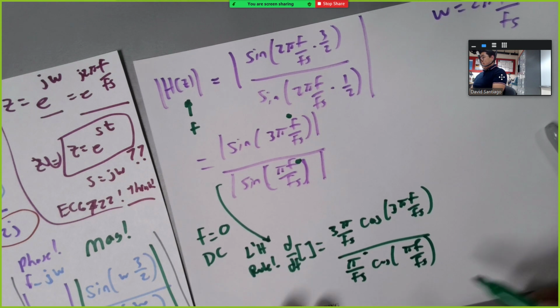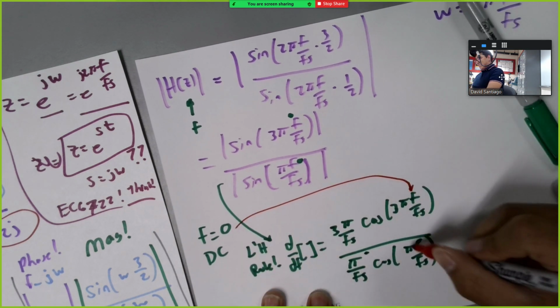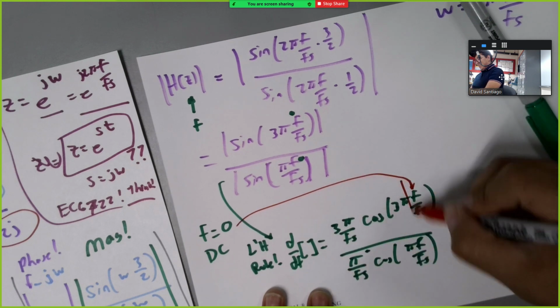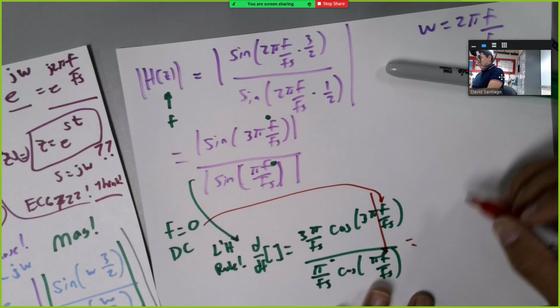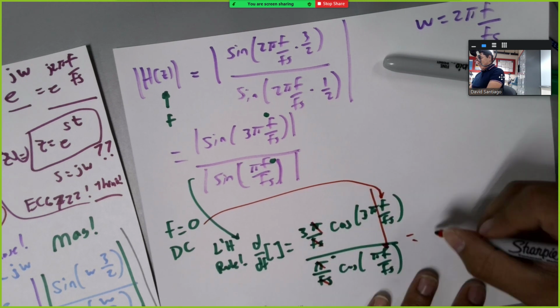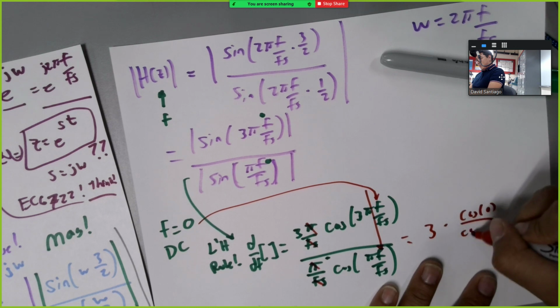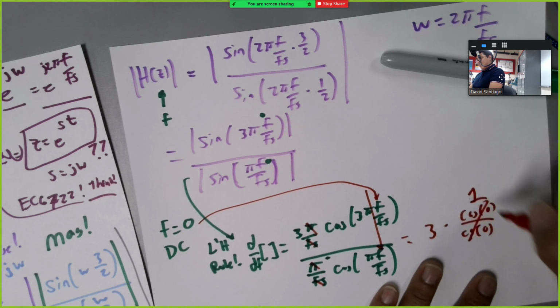All right, and now if we punch in 0 into this and into this, this cancels out, that cancels out. We're going to get 3 times cosine of 0, that's 1.